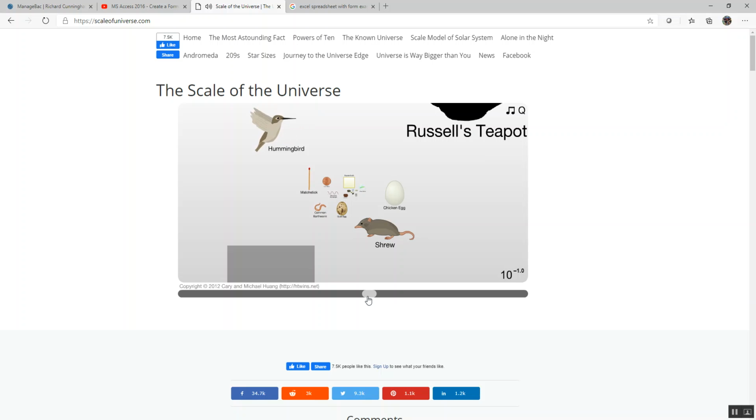If I had 10 to the negative 2, what's that going to be as a fraction first? Yeah, it's going to be 1 over 100 because it's 1 over 10 squared, so it's 10 times 10.